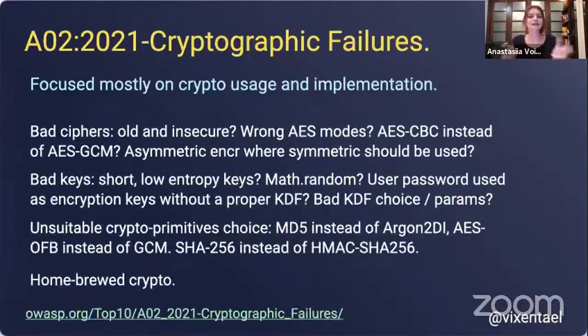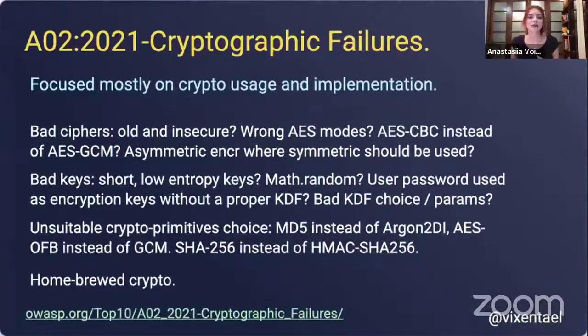Which includes selecting unsuitable cryptographic controls, cryptographic primitives. I often see Base64 instead of encryption. Yes, it's 2021, but we're still there. I see hash functions, typical hash functions, being used in places where a password-based KDF should be used.